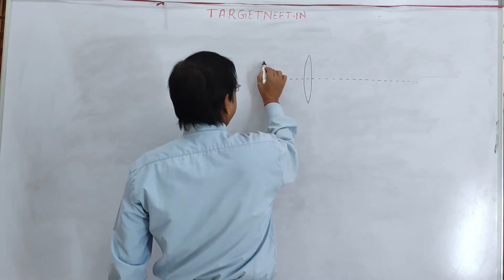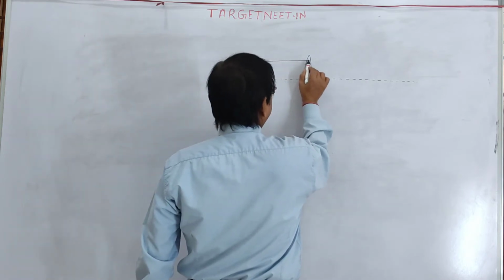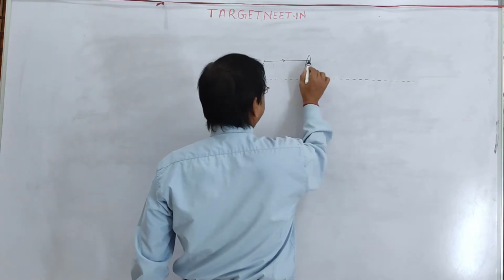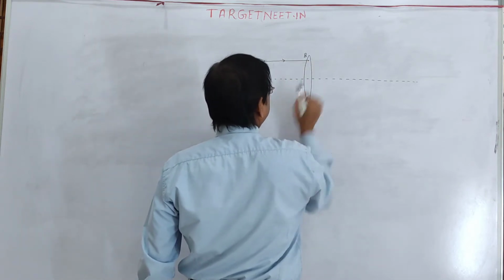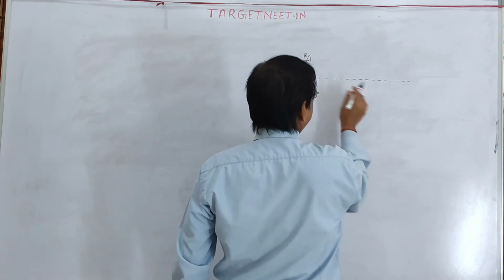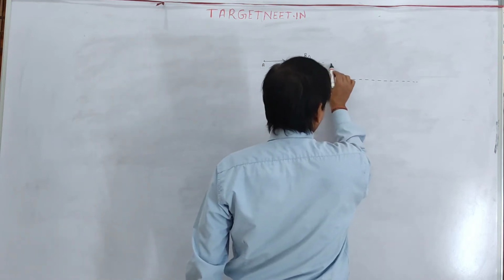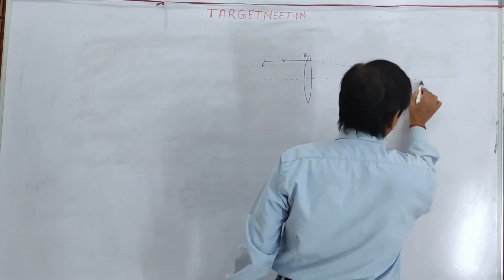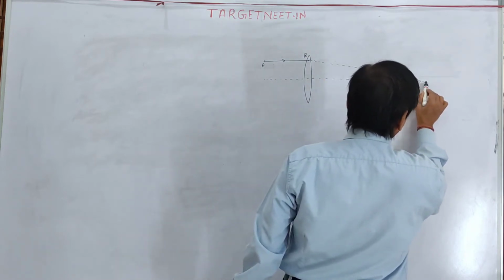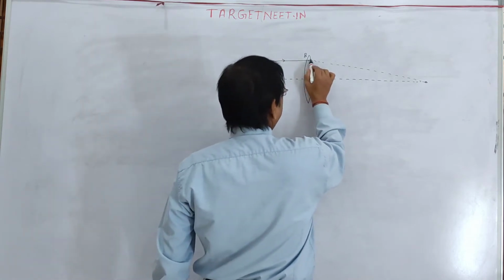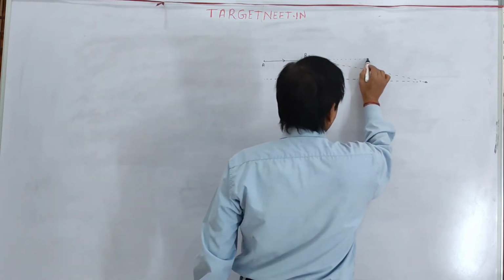Let the incident ray AB be incident on this, so it will bend towards the principal axis, and light will follow a path like this. So this is the position of the image formed by the first lens. This was the original path of light.